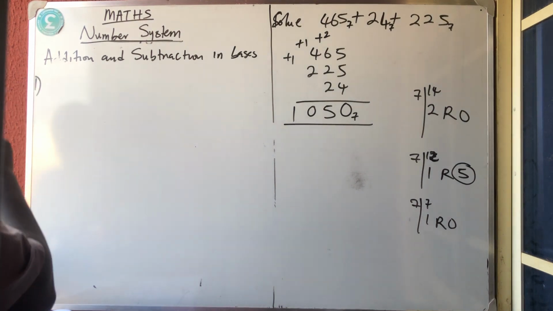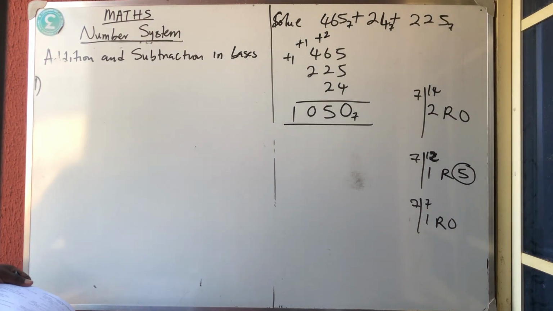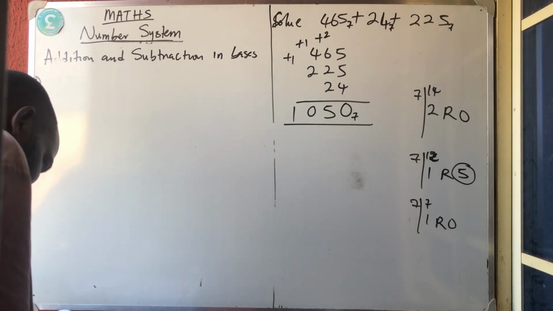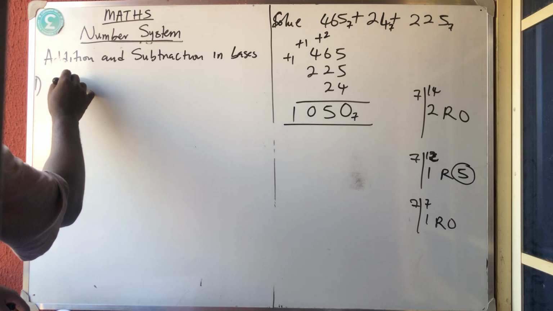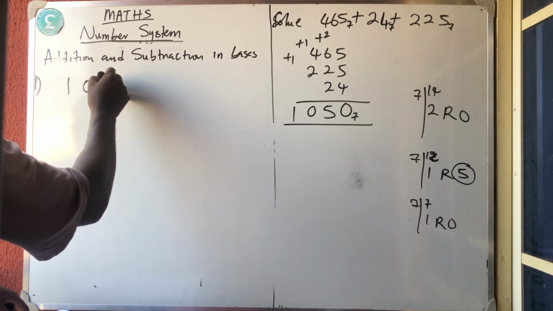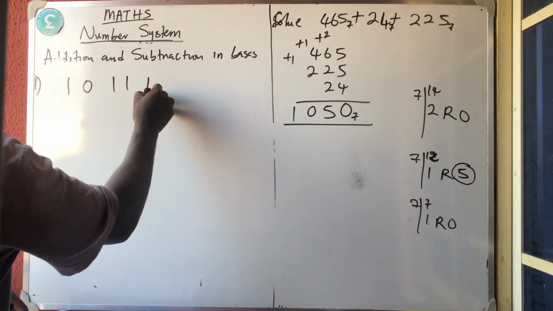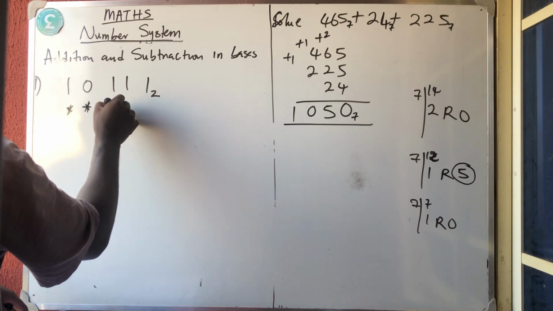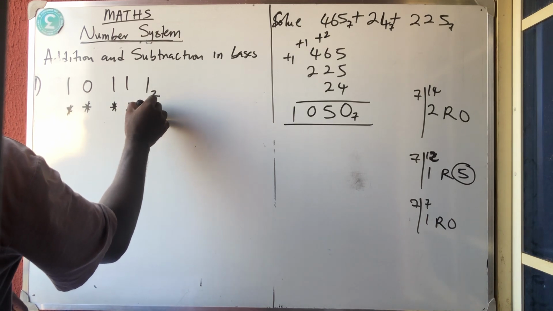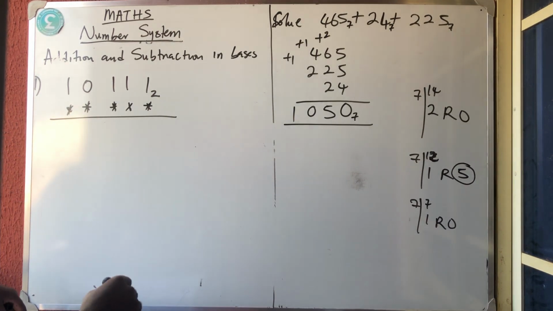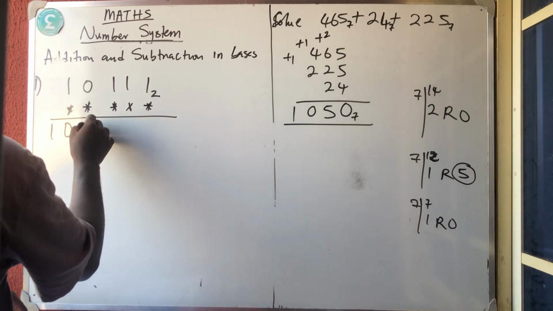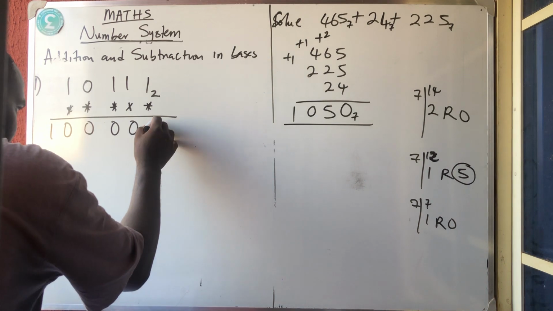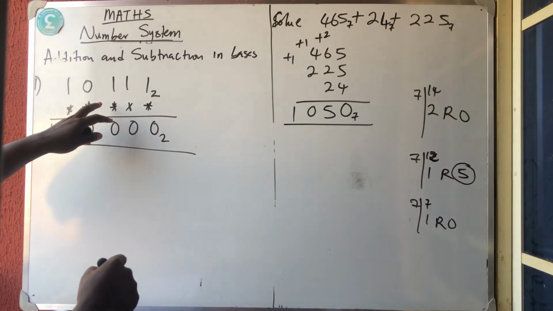The first question for subtraction says, 1, 1, 0, 1, 1, 1 in base 2. Then I give you stars, then I draw a line and say that the answer is 1, 0, 0, 0, 0, 0 in base 2, that we should find here.